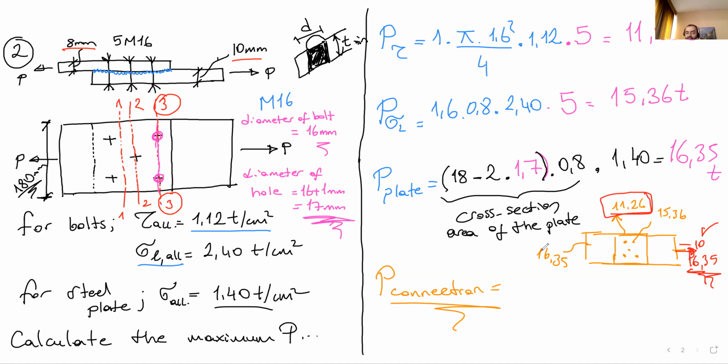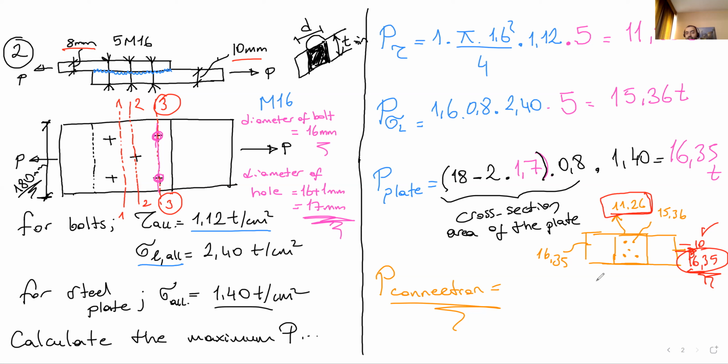You're not gonna see the 16.35 on this connection because the minimum capacity governs the connection. When you apply 16, it doesn't go to 16 because here there is 11. You are increasing loading. When you reach the 11, your connection will fail.